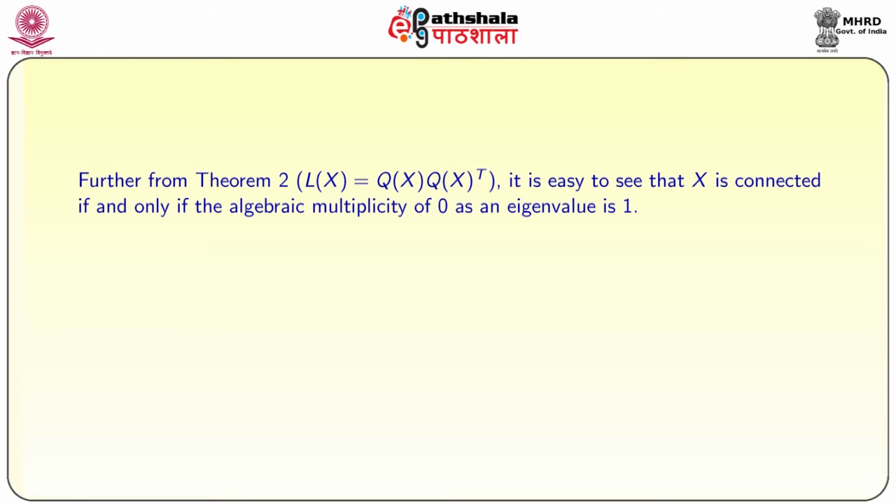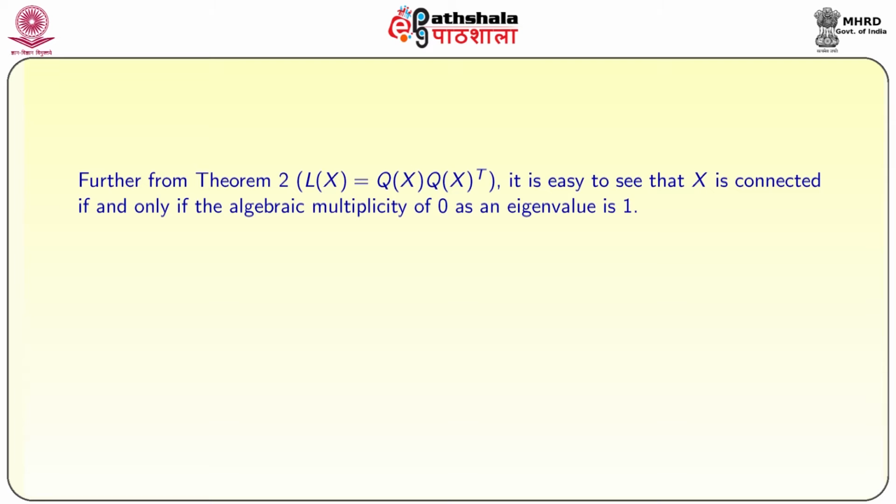So, the rank of Q(X) Q(X) transpose is also n minus 1 whenever X is connected. In other words, the rank of L is n minus 1 whenever X is connected. Further, the rank of L cannot be n; it is always less than or equal to n minus 1, as 0 is always an eigenvalue.